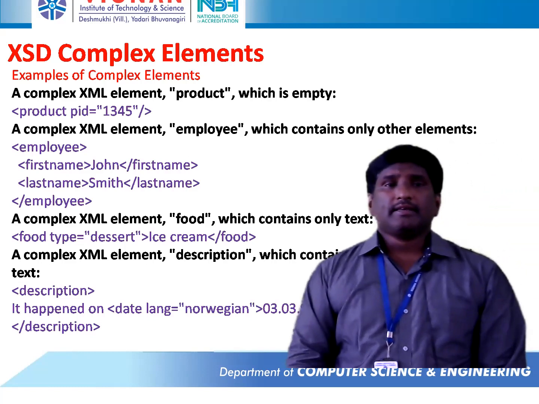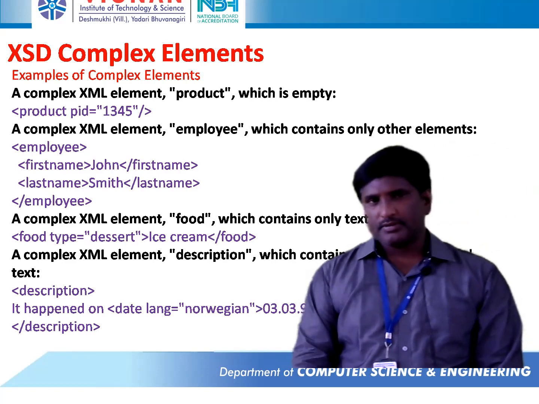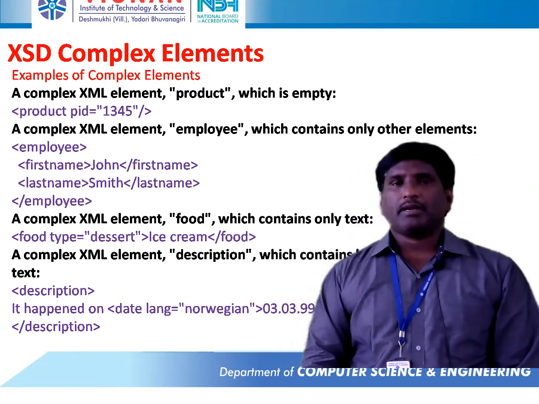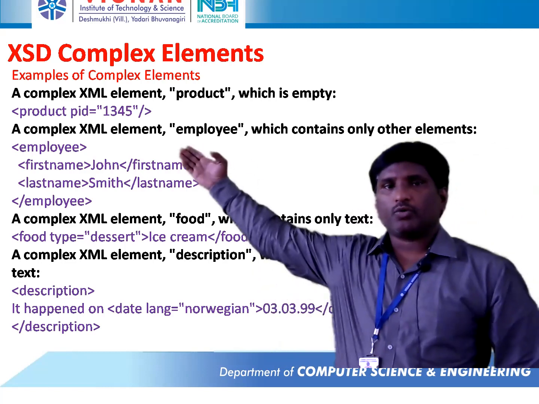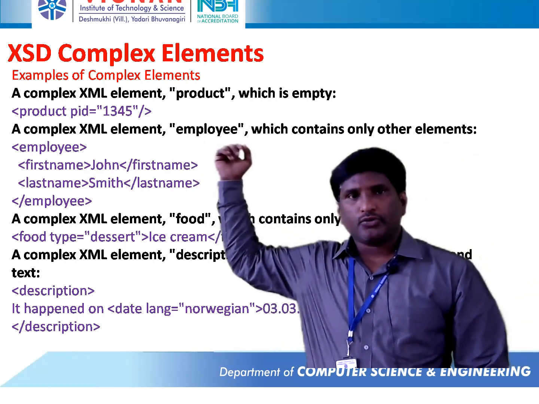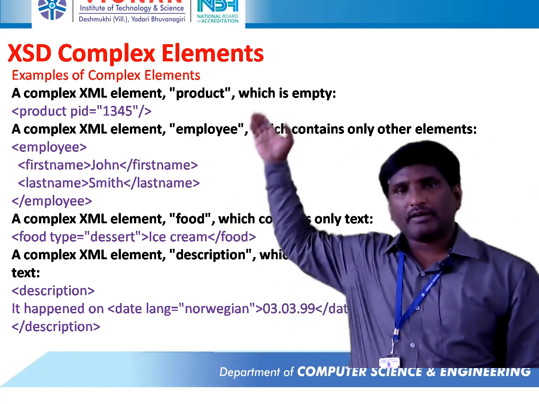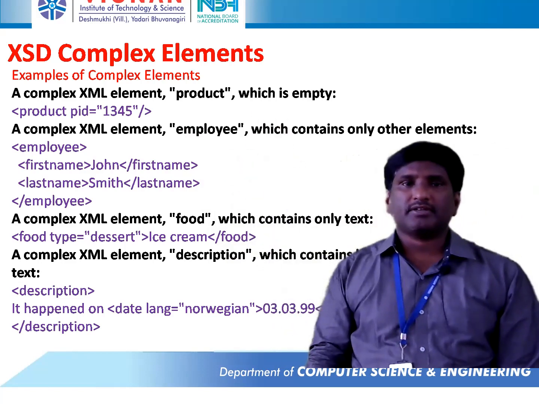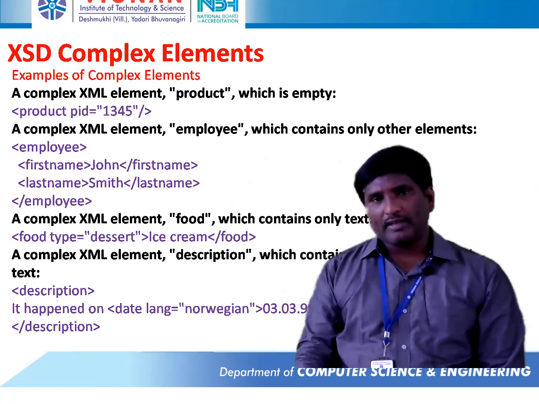Next, these are the examples of complex elements. See a complex XML element, the product, which is empty. So product here has PID equal to 1345, so this is the empty element. And a complex XML element employee which contains only other elements.